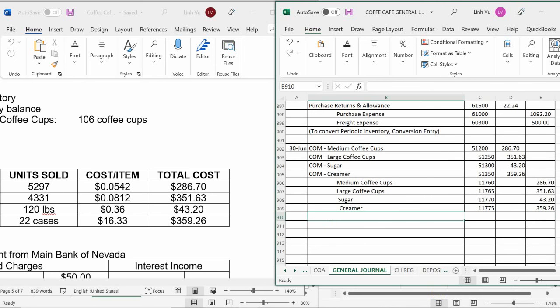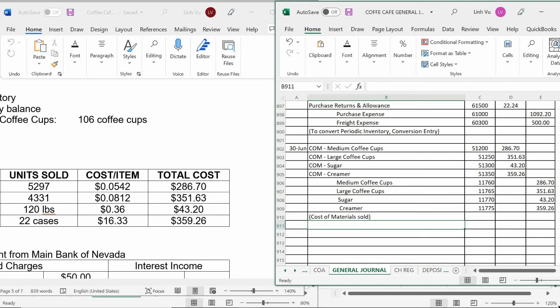So, your description. What do you want to say here? I don't know. Cost of material sold. Okay.